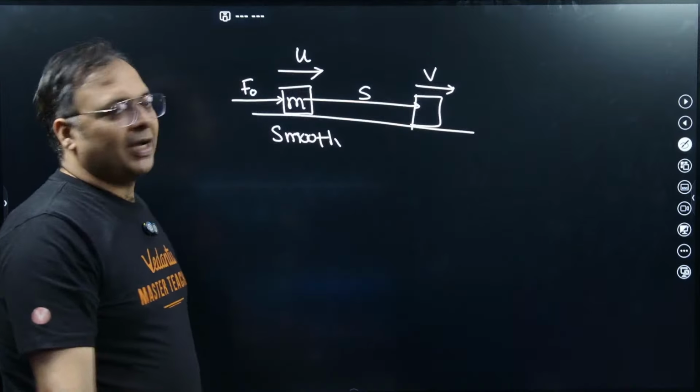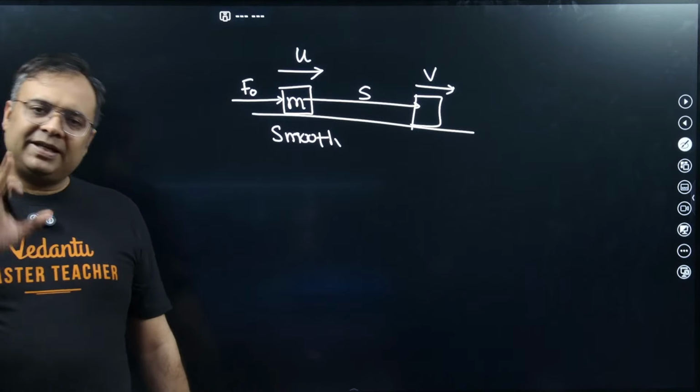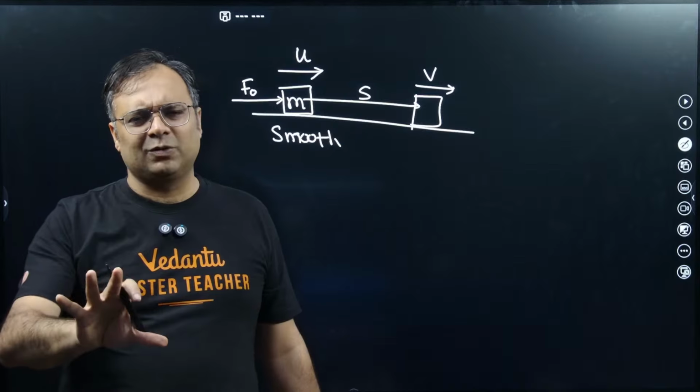So I want to write the work energy theorem on this particular system in the ground frame only. When nothing is mentioned, we assume we are doing it in the ground frame only.